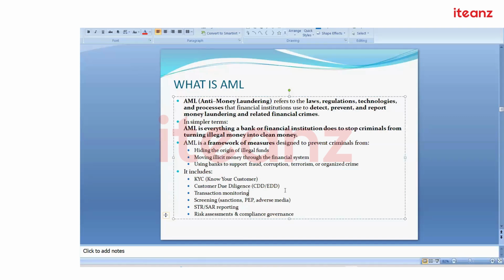Third time, 50,000 rupees fine, and your license can be gone, right? Like that, in AML alerts they keep track of how alerts are being generated, and that kind of monitoring they do.